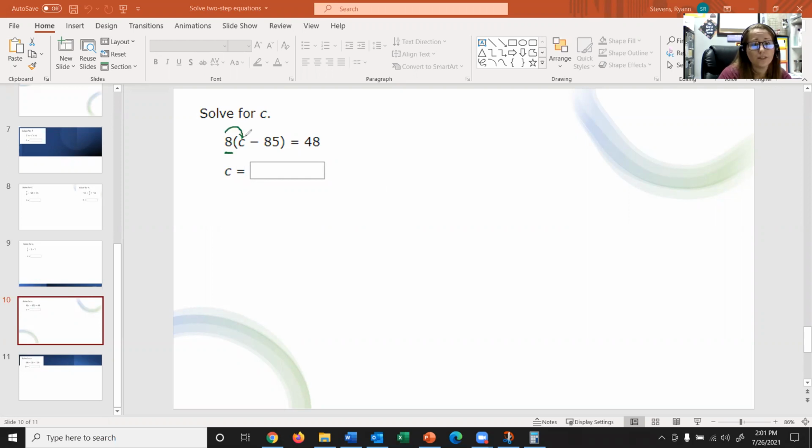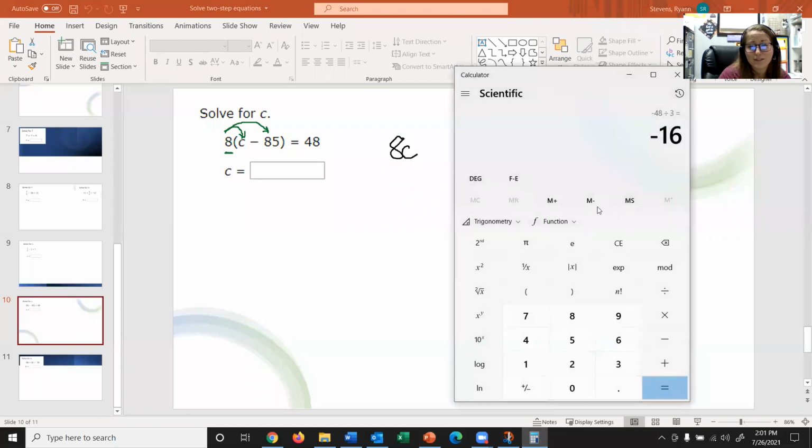We're going to distribute this to both the C and then the negative 85. Everything in the parentheses is actually going to be multiplied by this number 8, and we will get an answer of 8C. You could do this with a calculator, or without one.